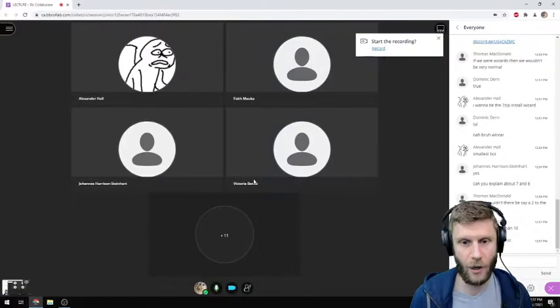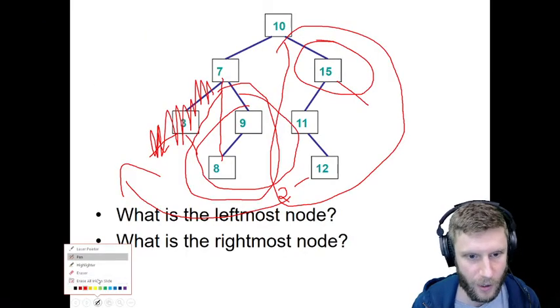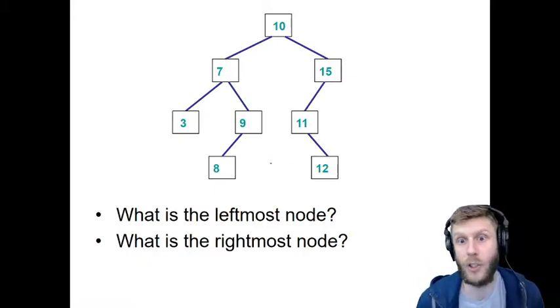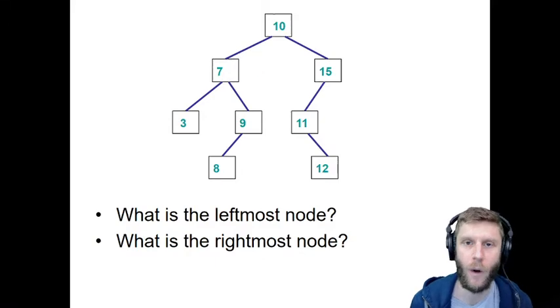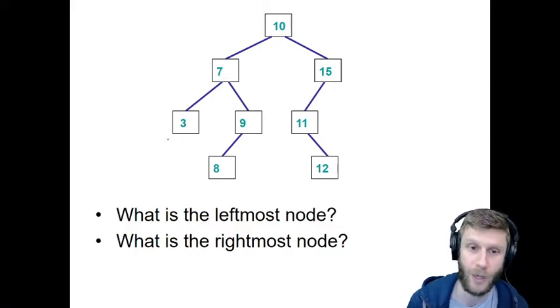Let's say I clear all and add the number 2. Where should it go? Well, because it's less than 10, it needs to go to the left. It's less than 7, needs to go to the left. Less than 3, needs to go to the left. Well, there's nothing here, so I can just make the 2.